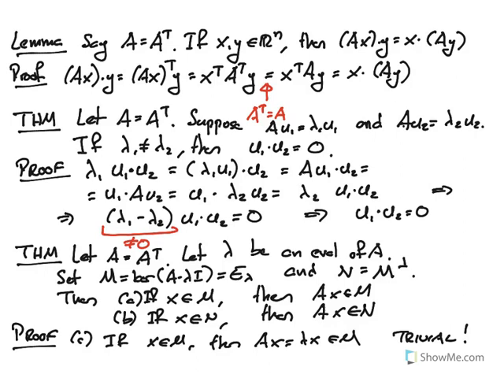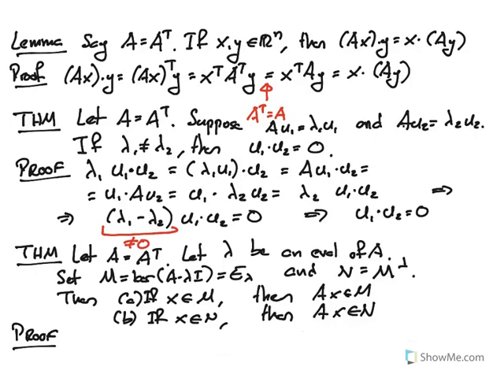For the other one, I've run out of space, so let me delete. So pick x in N, and then fix any y in M. What I need to prove is that Ax is orthogonal to y.